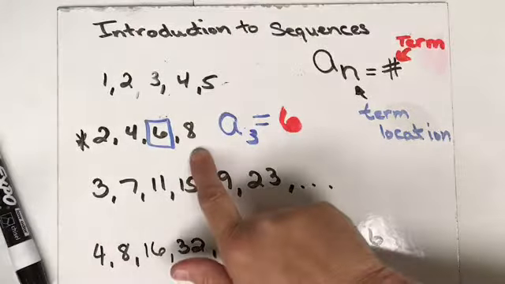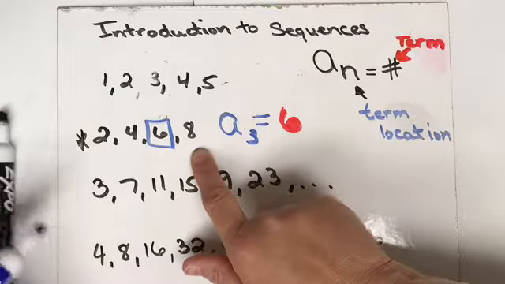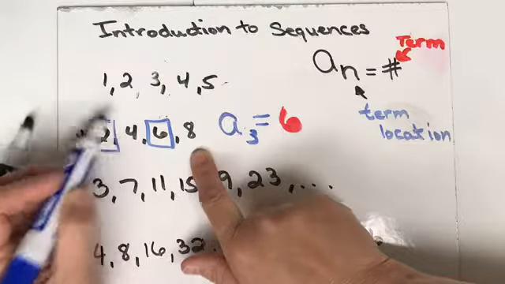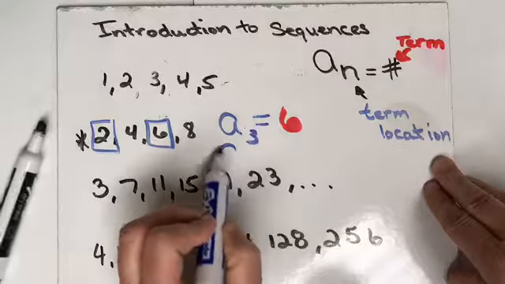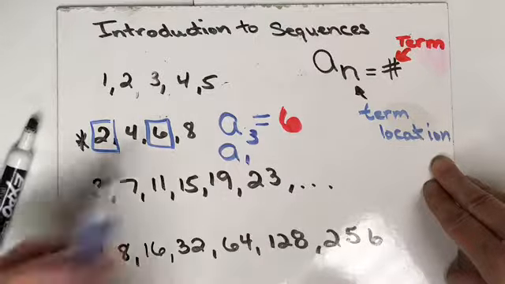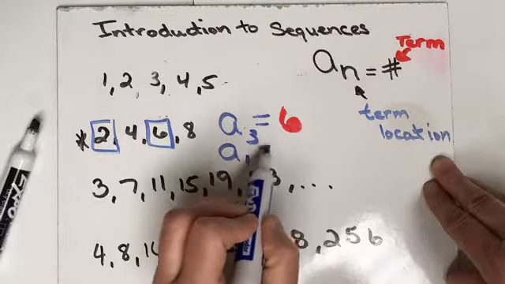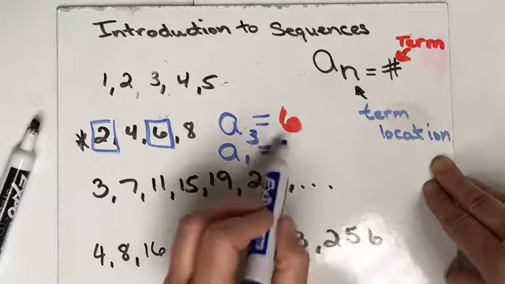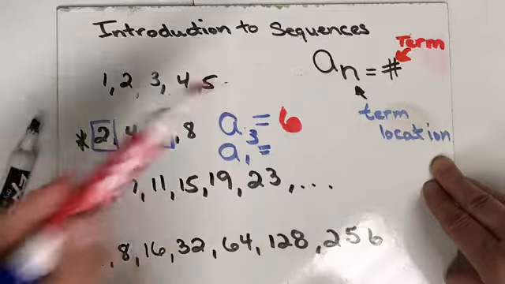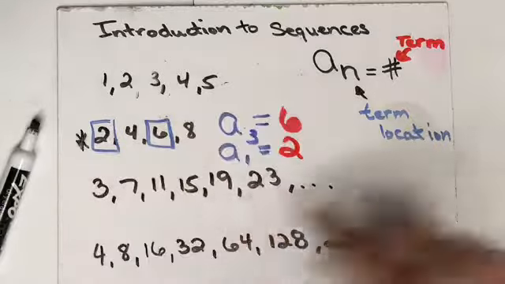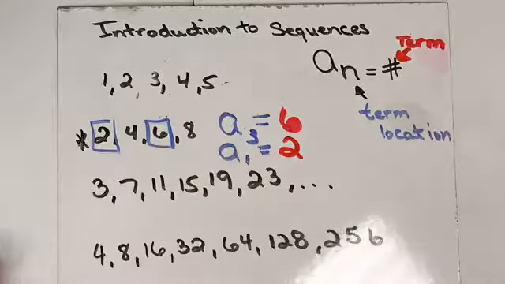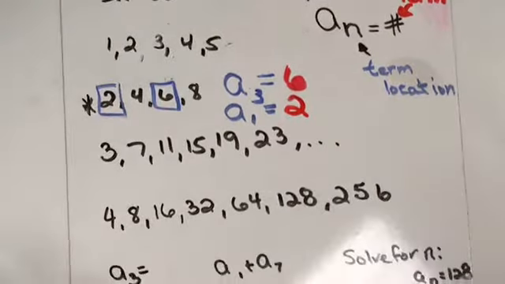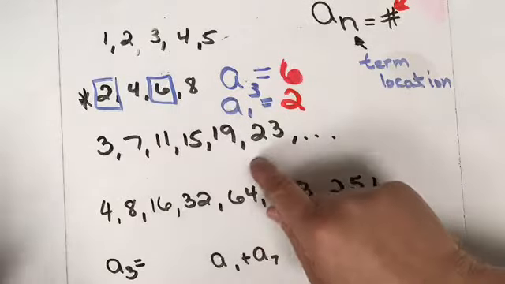Let's take a look at another one. In this same sequence, let's do the first one. So we have A subscript 1 equals 2, because 2 is the term in that location. Let's take a look at our other sequence after that one.